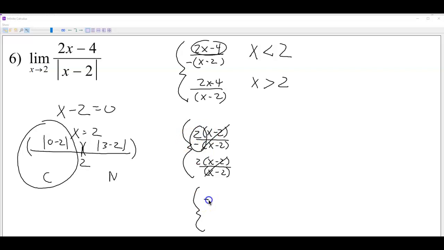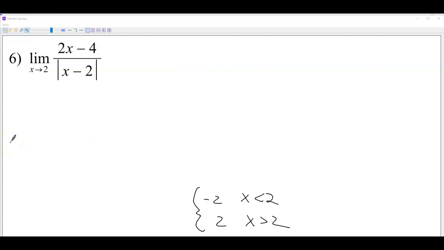This is just 2 over negative 1, which is negative 2, and this is just 2 now. So for all x less than 2, we have a negative 2, and for all x greater than 2, we have a positive 2. So that's the simplified version of the whole thing there.